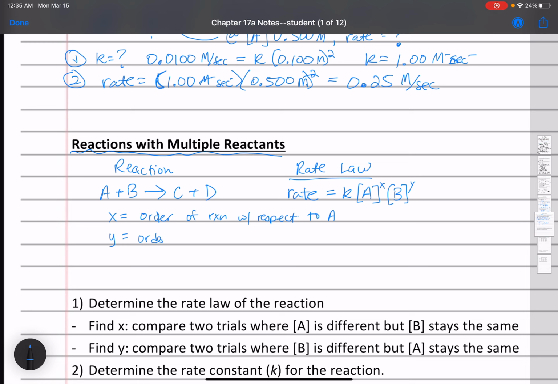Y is the order of reaction with respect to reactant B. And so we could say that the reaction is first order with respect to A and first order with respect to B, or second order with respect to B. And the overall reaction order is going to be X plus Y.